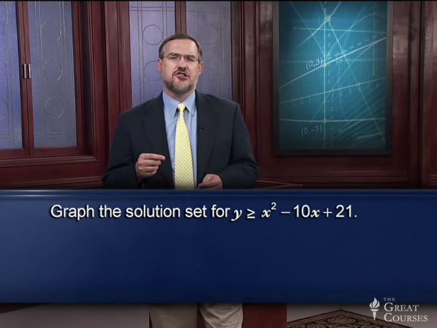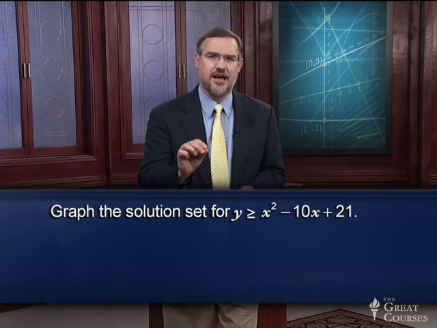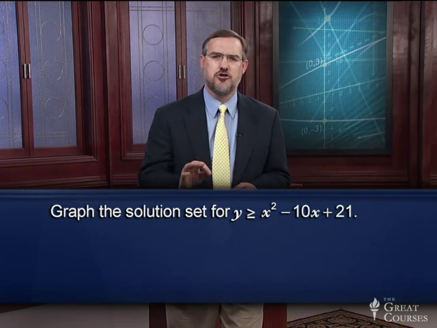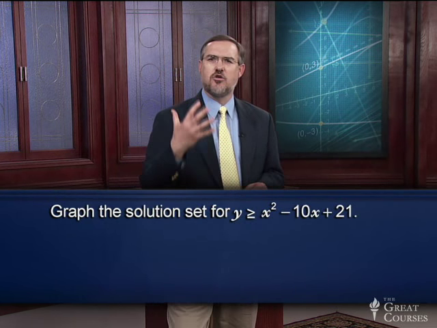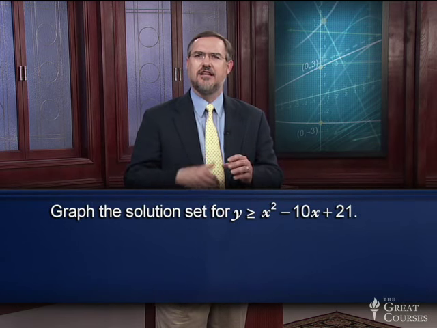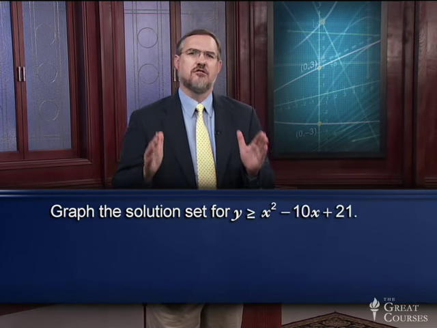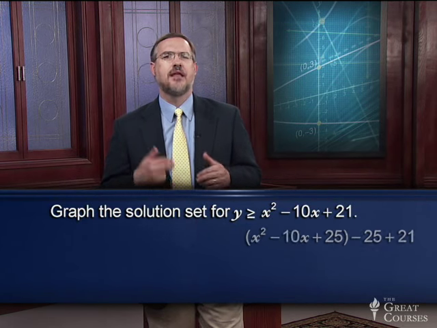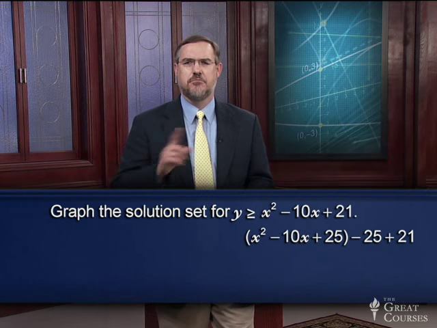I look at the x squared minus the 10x. I focus my attention on the 10 in order to complete the square. Do you remember what we do? We divide that by 2 first, always divide it by 2. That gives me 5. And then I square that 5 to give me 25. And 25 then needs to be added and subtracted from this expression. So instead of just x squared minus 10x plus 21, I'll have x squared minus 10x plus 25 minus 25 plus 21.